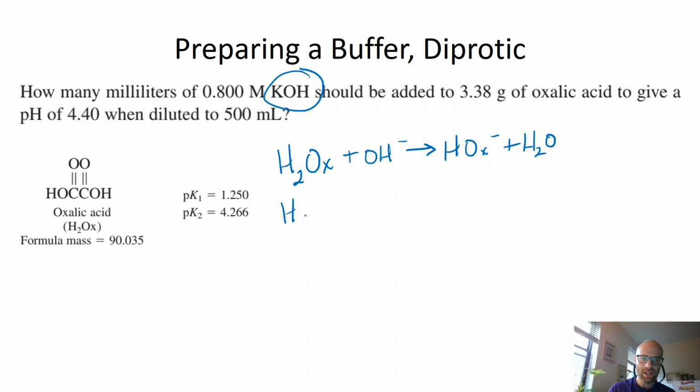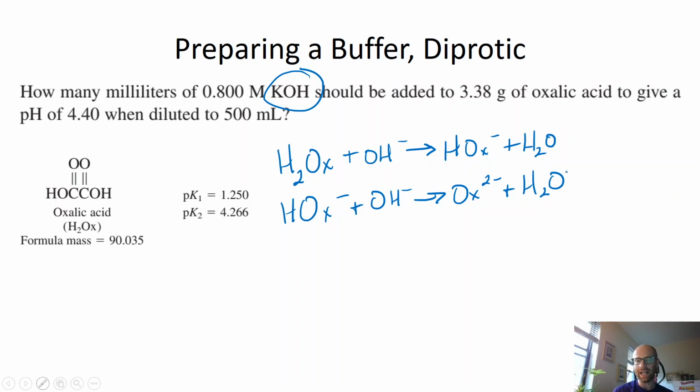And similarly, I can add base to the intermediate, and that would cause full conversion to the fully basic form. So what's interesting about this is we can actually use the hydroxide to create the other component of the buffer.